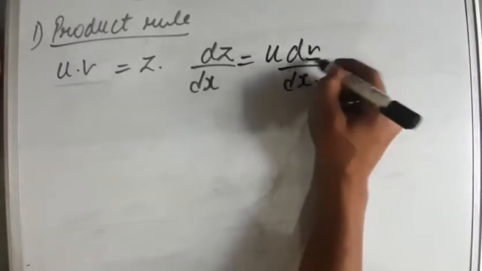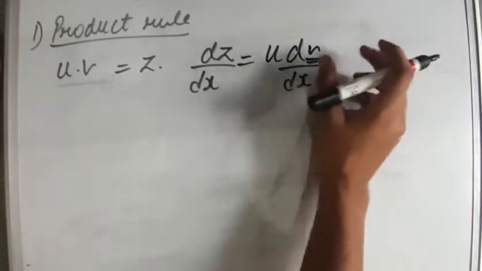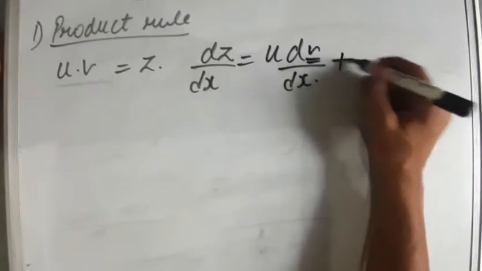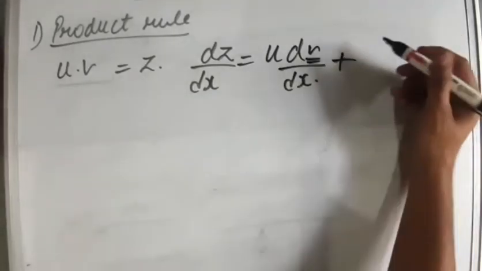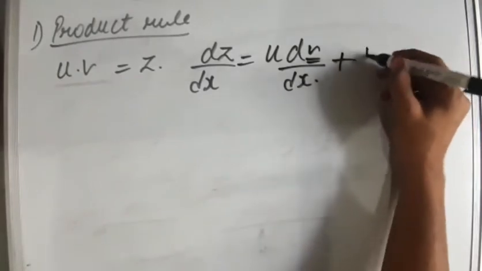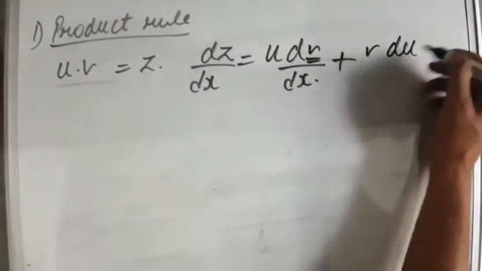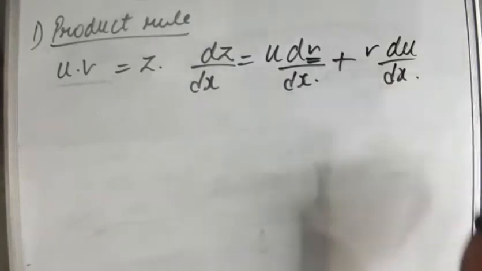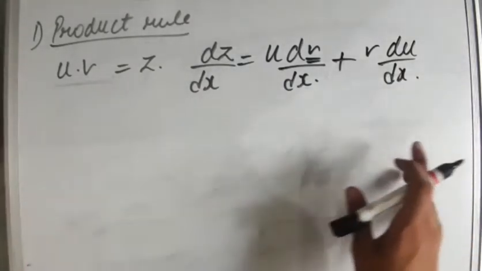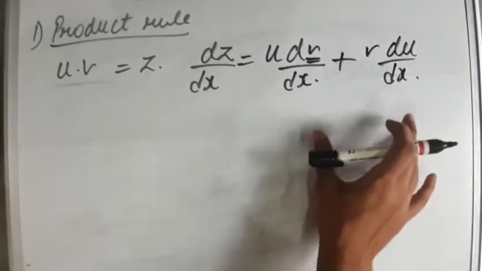First we differentiate v and then proceed with u differentiation. Now put a plus sign over here, leave v as it is and differentiate u. This is what product rule is, and this is what you have learned in class 11th mathematics.